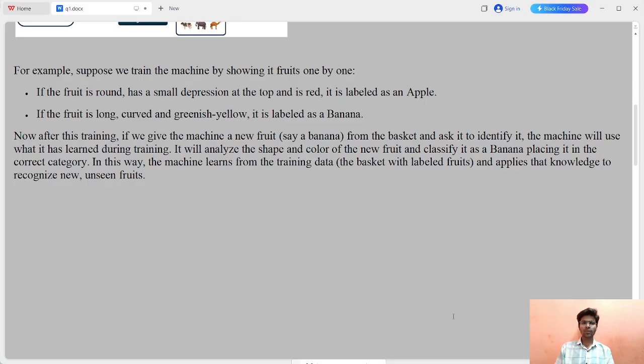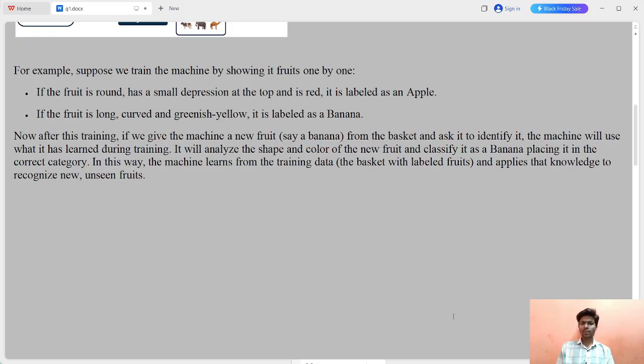For example, suppose we train the machine by showing it fruit one by one. If the fruit is round, has a small depression at the top, and is red, it is labeled as an apple. If the fruit is long, curved, and greenish yellow, it is labeled as a banana. Now, after this training, if we give the machine a new fruit, say a banana, from the bucket and ask it to identify it, the machine will use what it has learned during training.